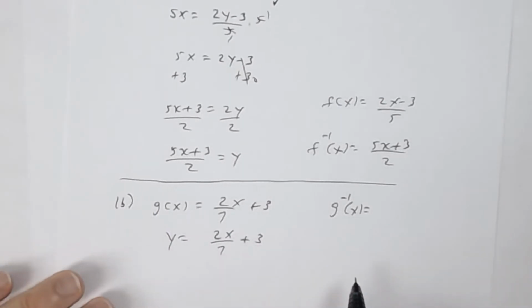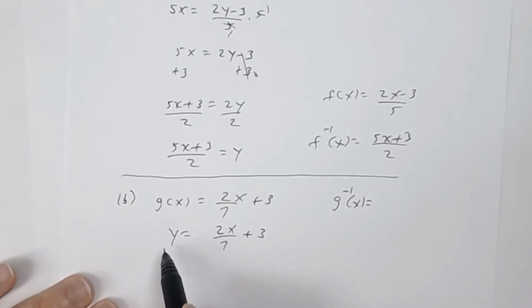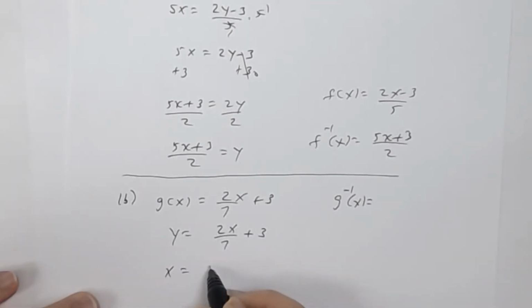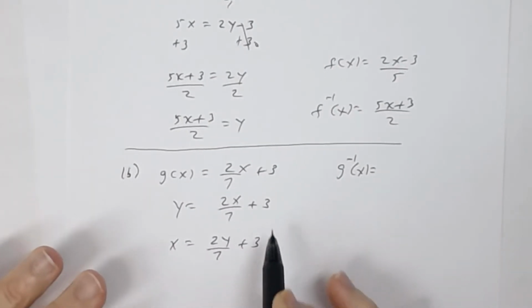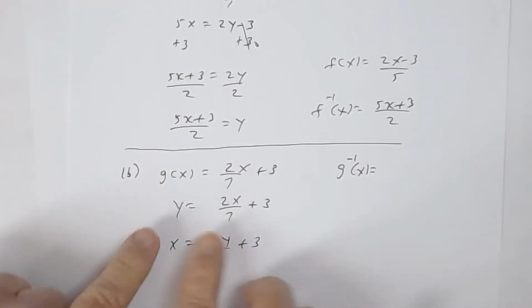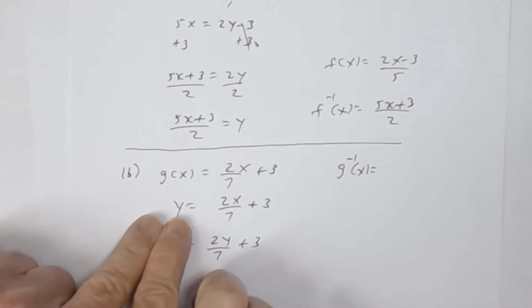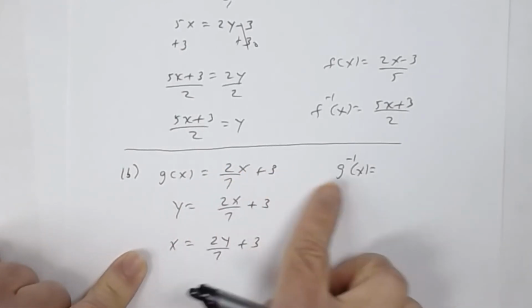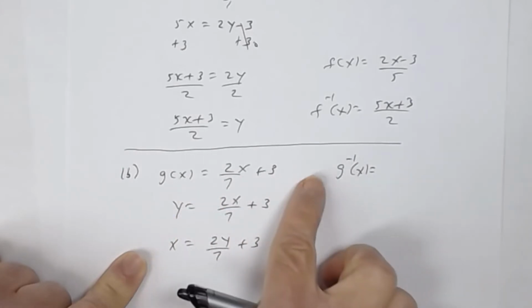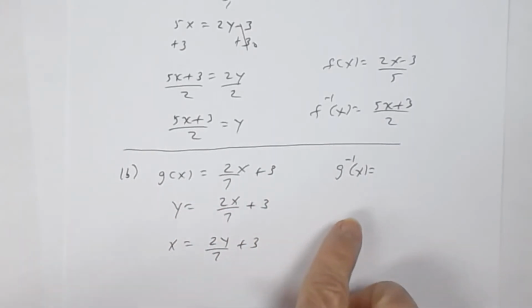Then the next thing I'm going to do is interchange the variables. So x equals 2y divided by 7, plus 3. And remember, when we graph these, we're interchanging the variables. So basically y becomes x, x becomes y. So remember, these two functions that are inverses of each other are symmetrical about the line y equals x.